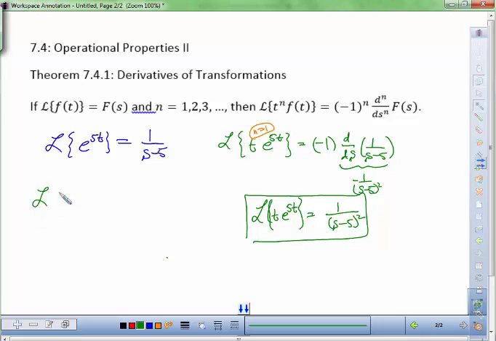Let's try the Laplace transform of t squared e to the 5t.